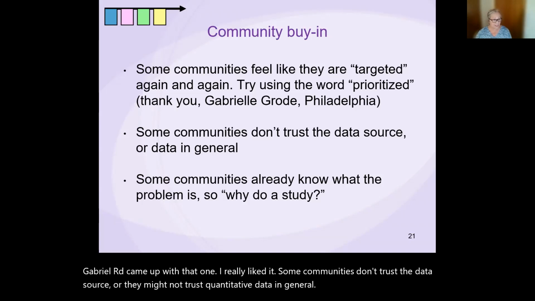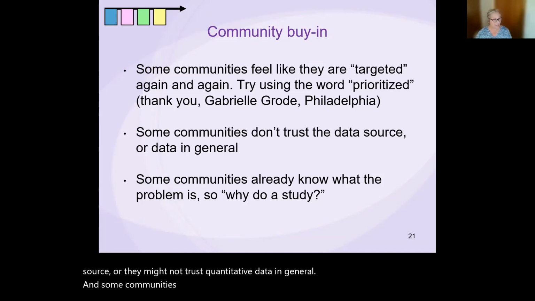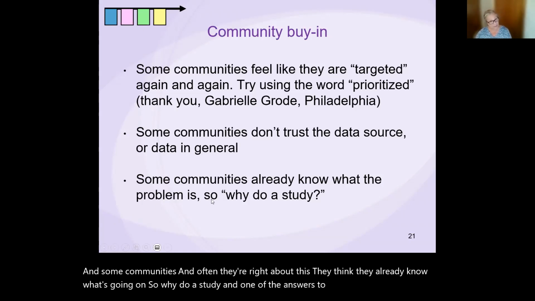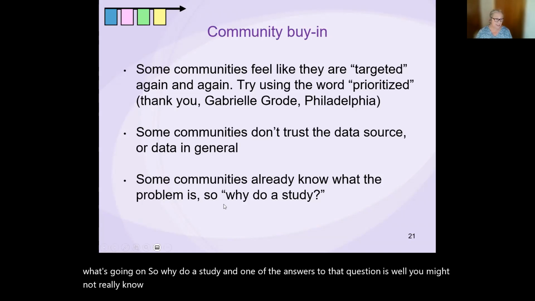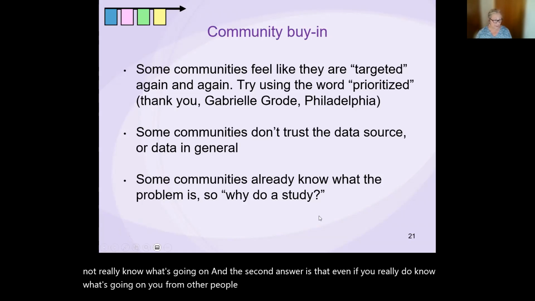And some communities, and often they're right about this, think they already know what's going on. So why do a study? One answer to that question is, well, you might not really know what's going on. And the second answer is that even if you really do know what's going on, other people might not believe you as much if you don't have data to bring to it.